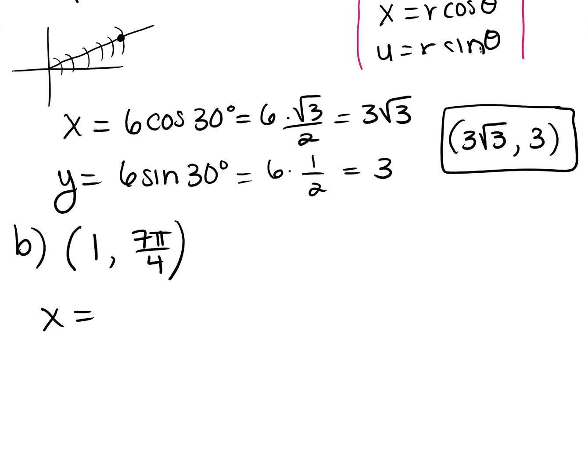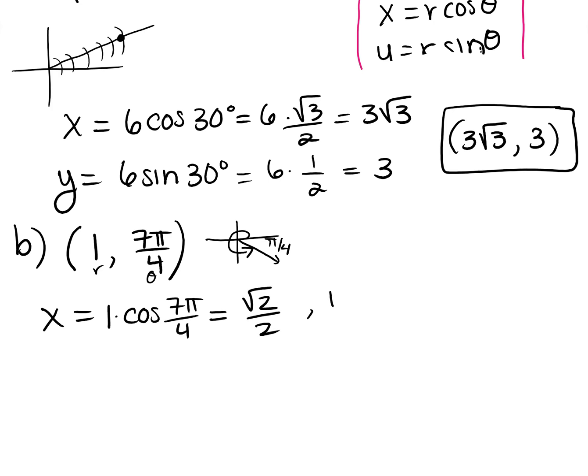So x, this is your r, this is your theta, is going to be 1 times the cosine of 7 pi over 4. So let's think about where 7 pi over 4 is. 8 pi over 4 is 2 pi. Reference angle is pi over 4. Cosine is positive in the 4th quadrant, and I know that the cosine of pi over 4 is root 2 over 2. So x is root 2 over 2.